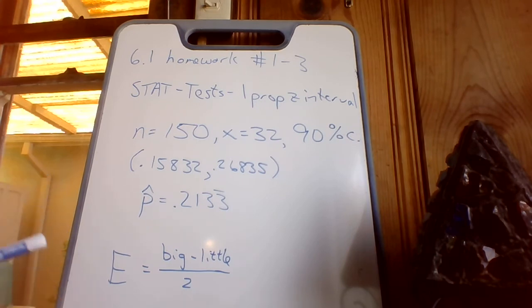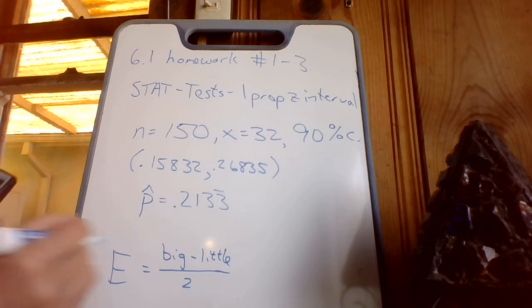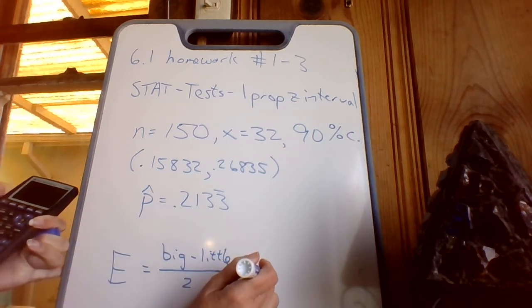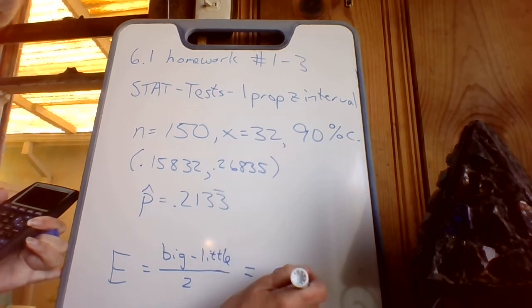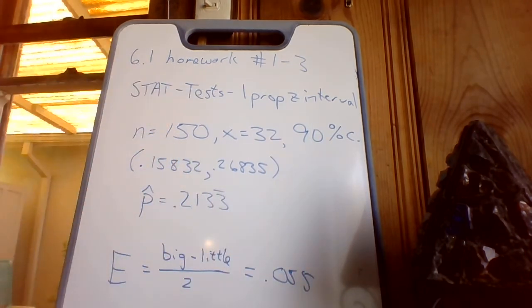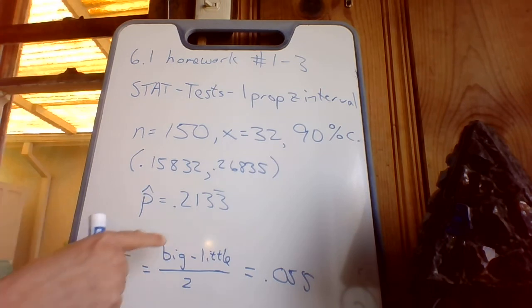Don't try and do it all as 1. It has a tendency to make a mess of it unless you use a whole lot of parentheses. And I get 0.055015. So 0.055.